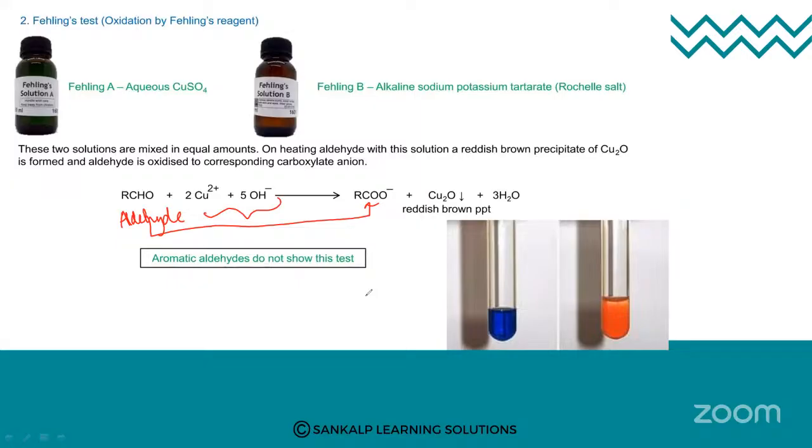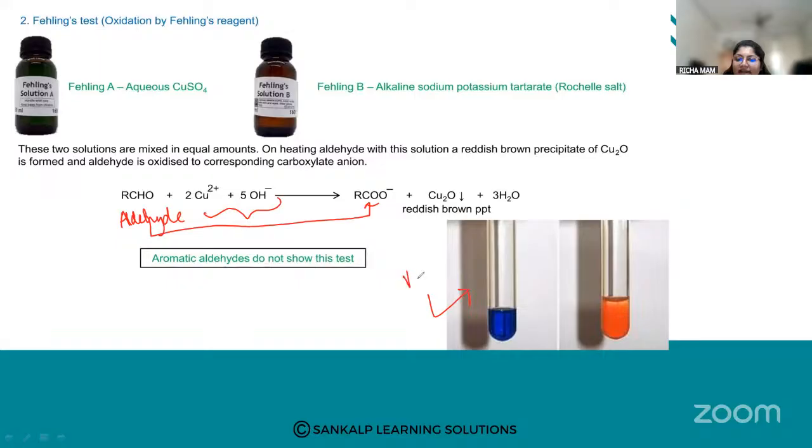So this is the test. The color of Fehling's solution is blue. If it stays blue, it is negative, there is no reaction. And if it turns reddish brown, that means it is an aldehyde, so it is giving you a positive test for Fehling's solution.